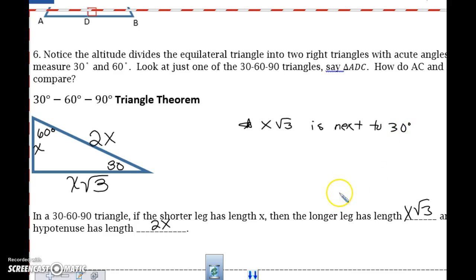That just seems to help me anchor myself as far as what goes where. And I do know that it has to be a leg. I can't use it as the hypotenuse. All right, so let's do some examples using this formula.